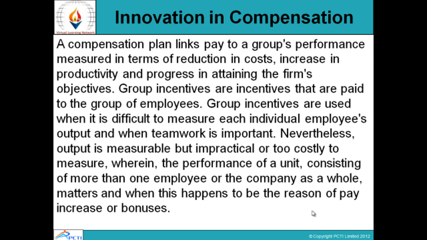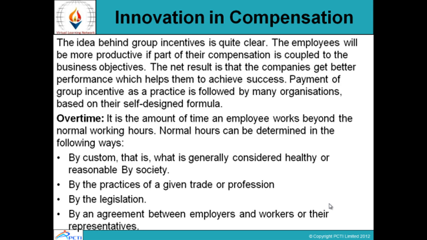Group incentives are incentives that are paid to a group of employees. Group incentives are used when it is difficult to measure each individual employee's output and when teamwork is important. Also, when output is measurable but impractical or too costly to measure, the performance of a unit consisting of more than one employee, or of the company as a whole, matters, and this becomes the reason for a pay increase or bonus.